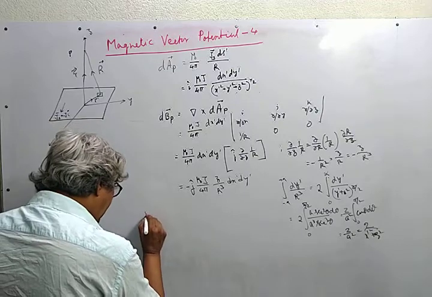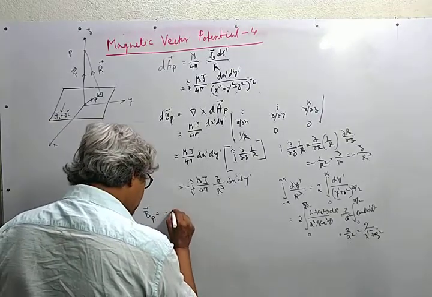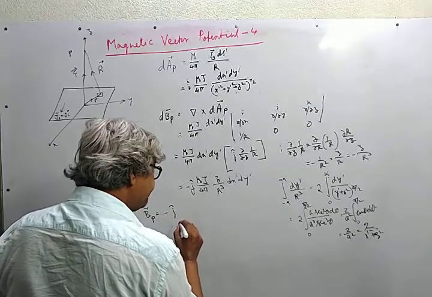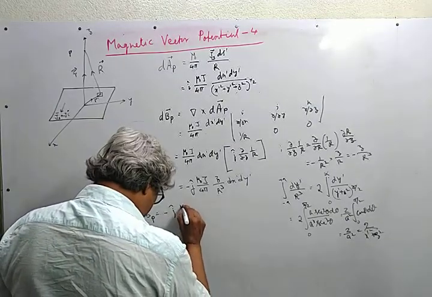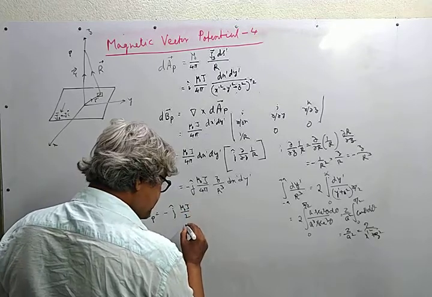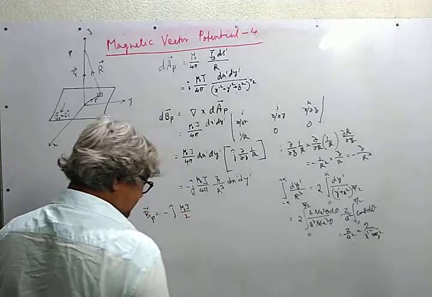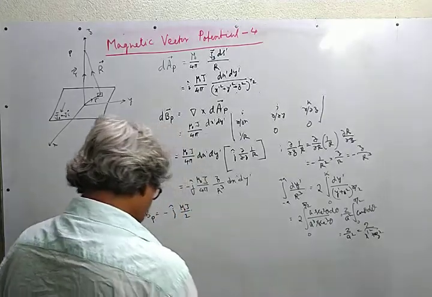So the B at P on integration becomes minus j cap mu 0 J upon 2.